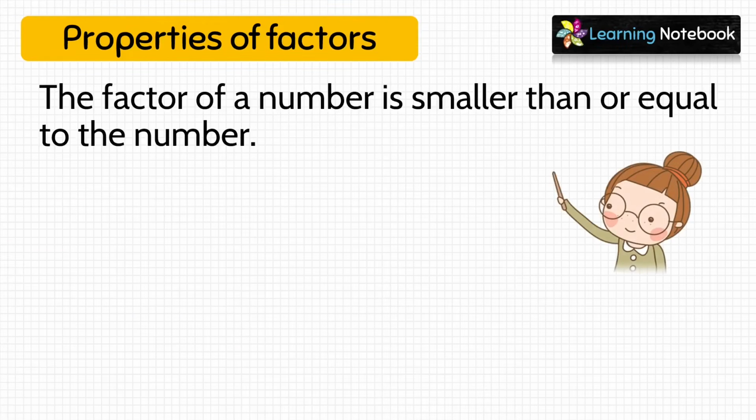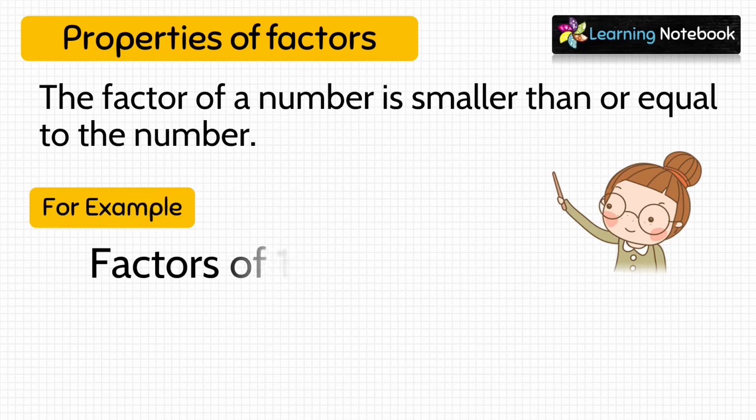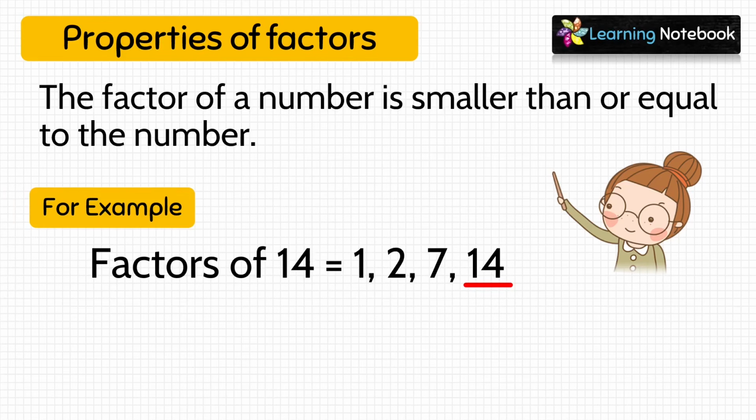Now next property is the factor of a number is smaller than or equal to the number. For example, factors of 14 are 1, 2, 7 and 14. So students, here among all the factors of 14, 14 is the highest, which is equal to number 14.